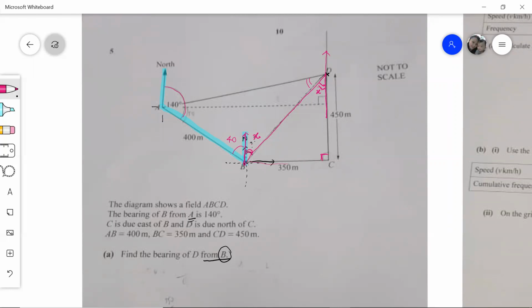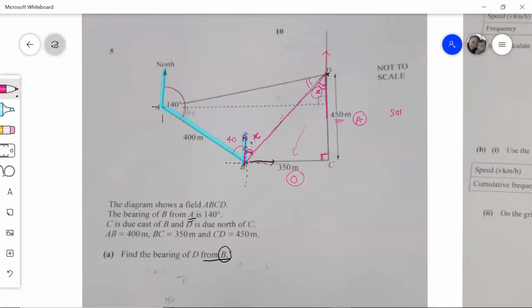So let's find the angle x. For the angle x, this side is the adjacent and this side is the opposite. The one opposite the 90 degrees is always the hypotenuse, but we're not interested in the hypotenuse now.